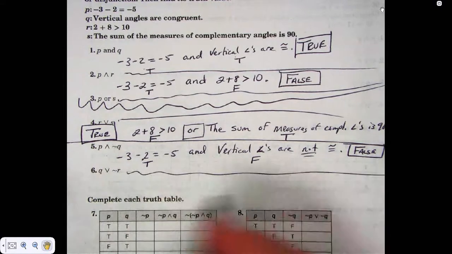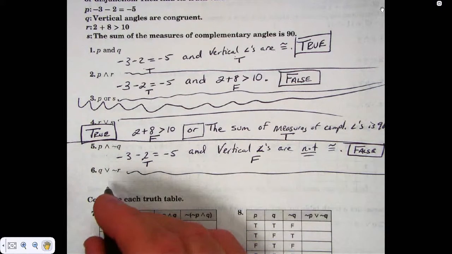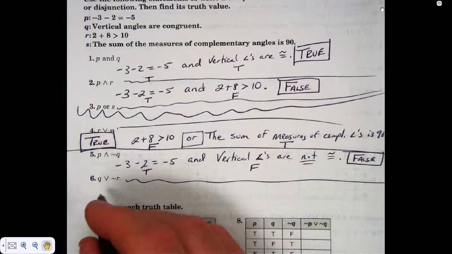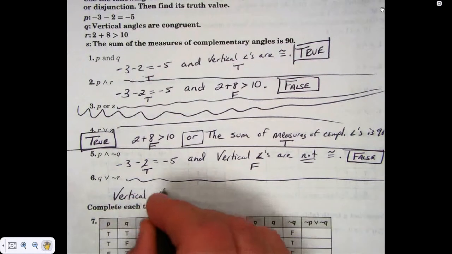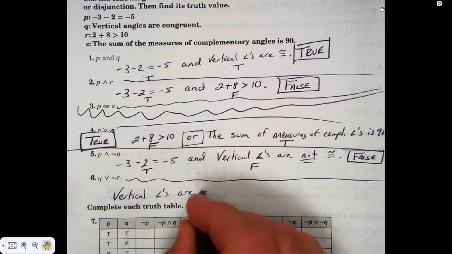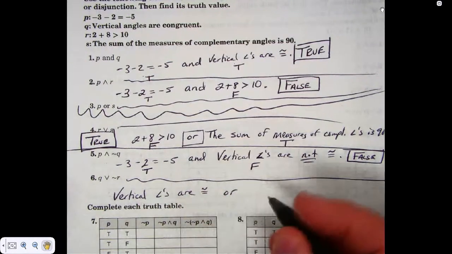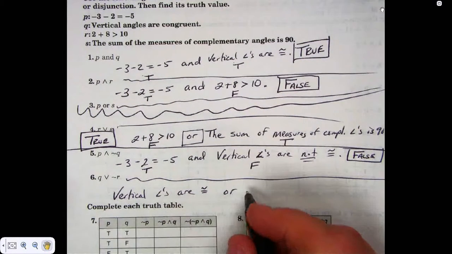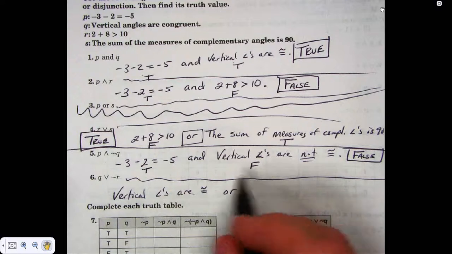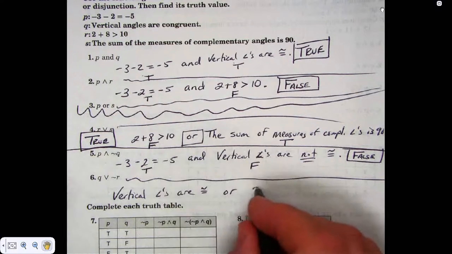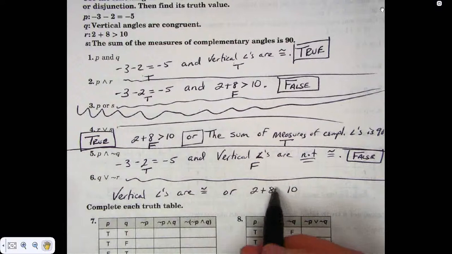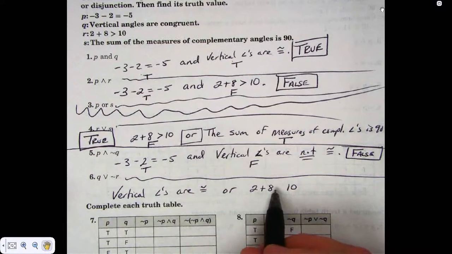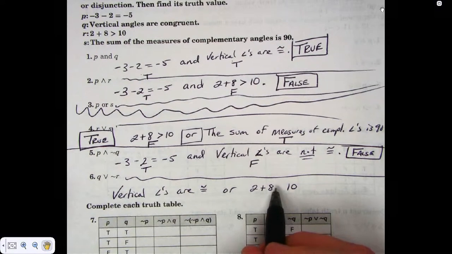Let's jump down to 6, because this will be kind of one of those weird ones to write. First of all, Q says vertical angles are congruent, or, and then we're not R. We have 2 plus 8 is greater than 10.